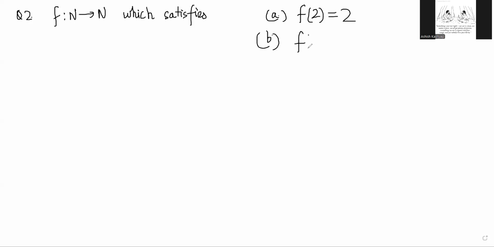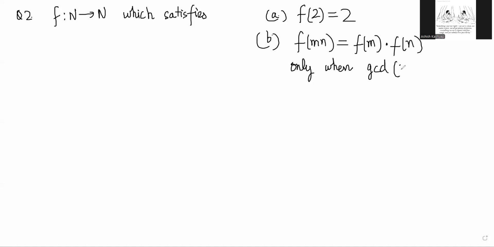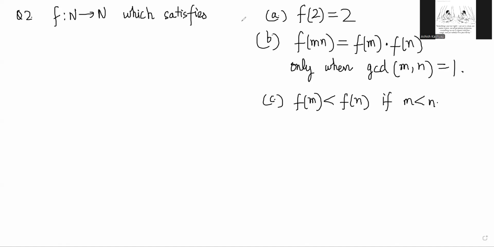Then f of mn is equal to f of m times f of n only when GCD of m and n is equal to 1, right? And then part 3 is saying f of m is less than f of n if m is less than n. So notice that the first and the third conditions are the same as the previous problem, but the second condition is a weaker condition.